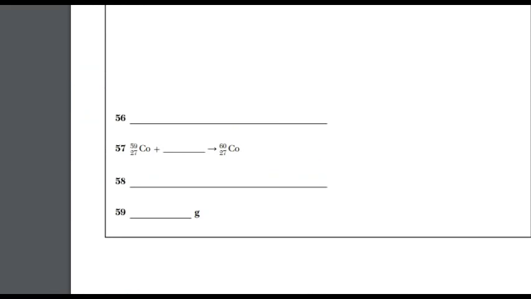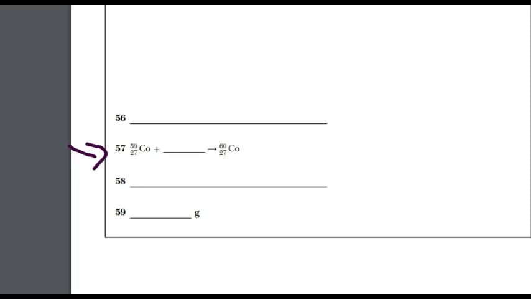Okay, so here you see question 57. And when I balance nuclear equations, it is really easy. The mass numbers, the numbers on top, have to equal on both sides of the arrow, and the atomic numbers on the bottom have to equal on both sides of the arrow.